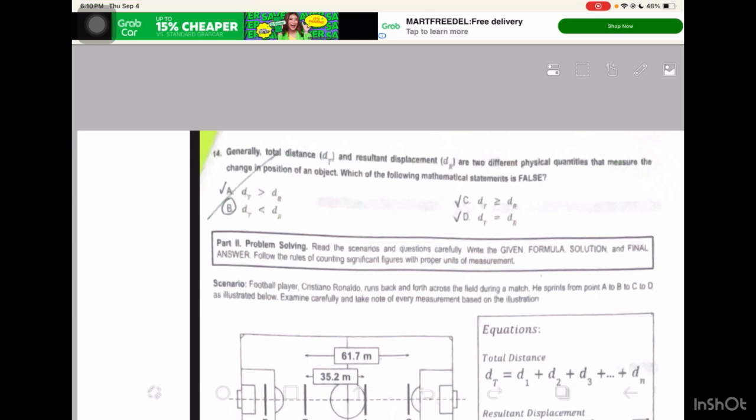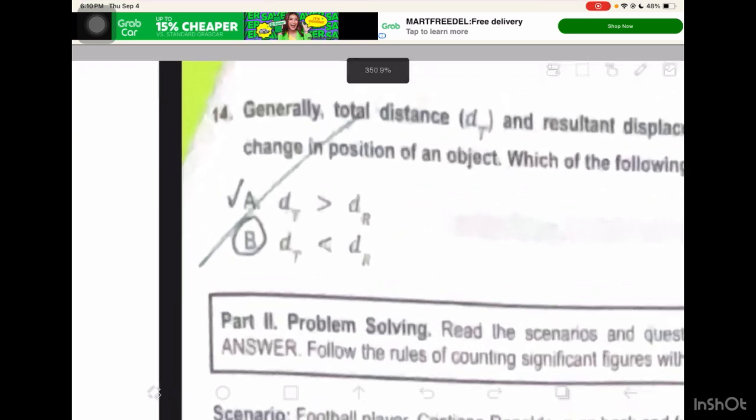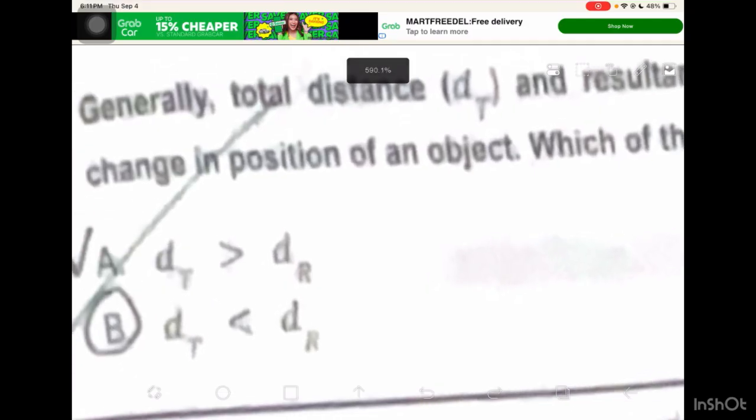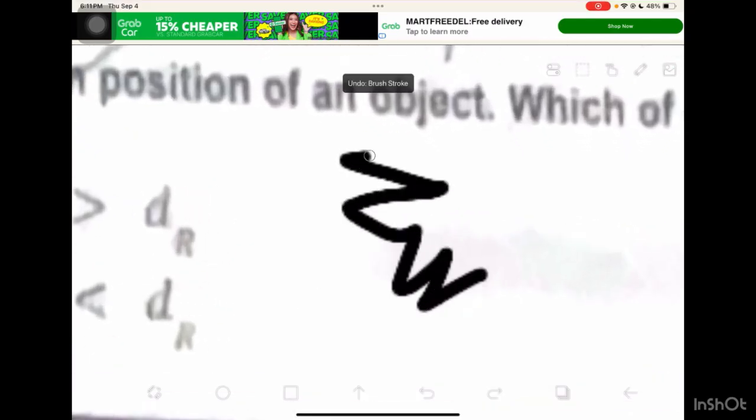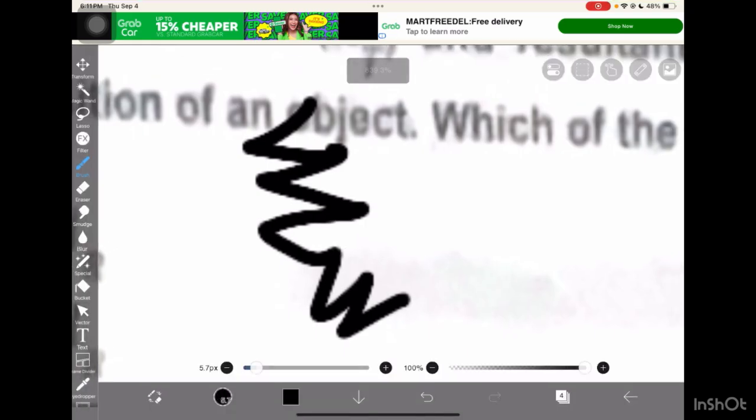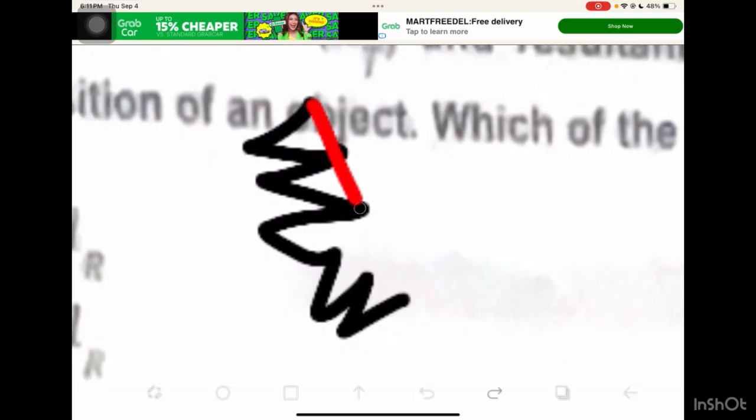Which of the following mathematical statements is false? So, d sub t is greater than d sub r. This can happen because d sub t is like, let's say you make a path like this. However, your d sub r can be very much as short as this. So, this is correct.